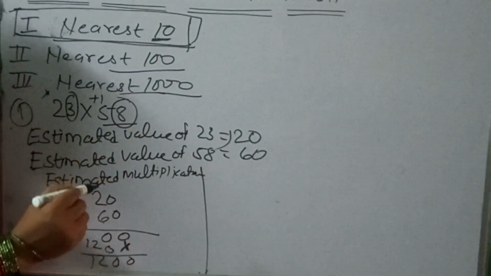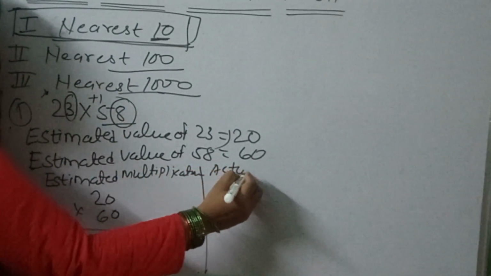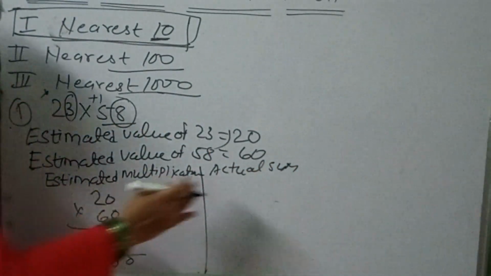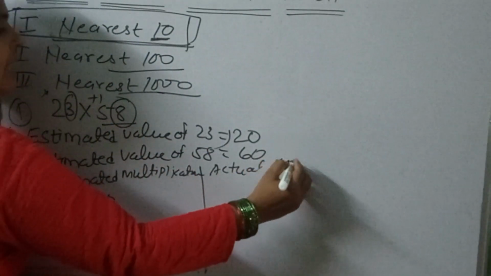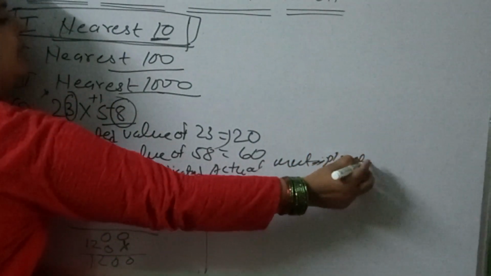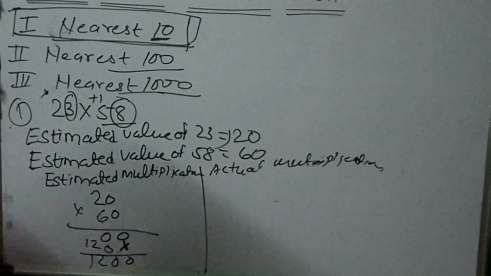And afterwards, what do we have to do? The actual multiplication we have to find. Now see here.